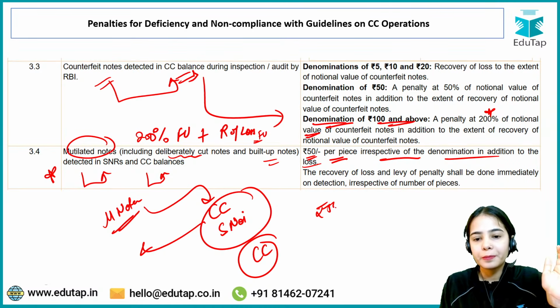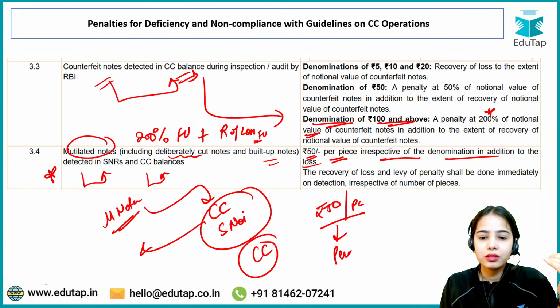So 50 rupees per piece will be the penalty plus the recovery of loss.